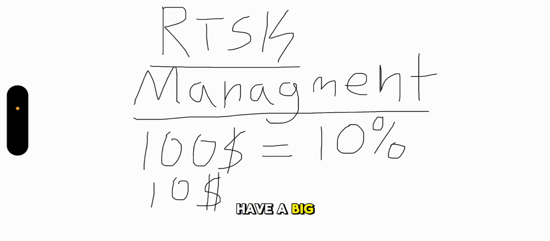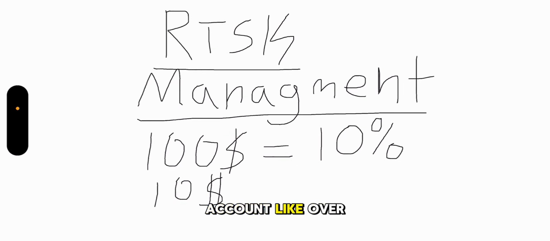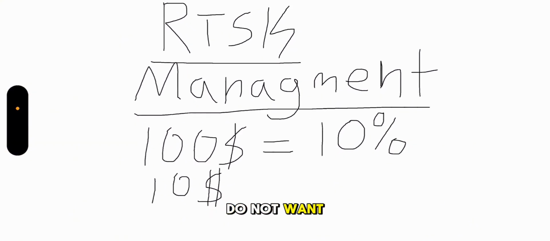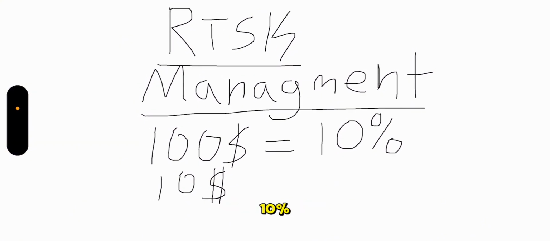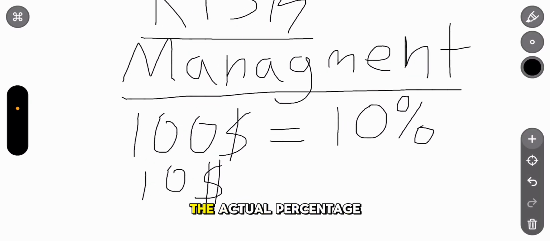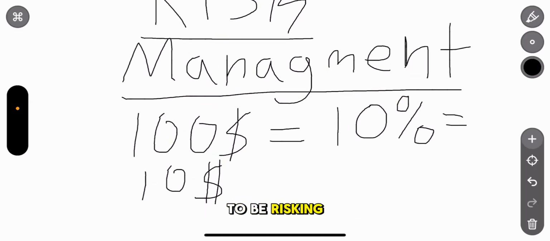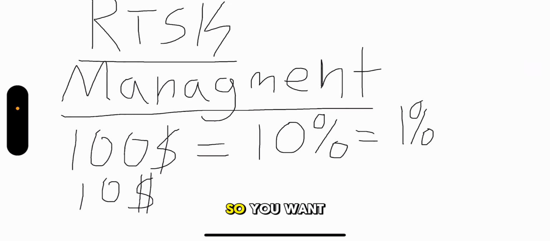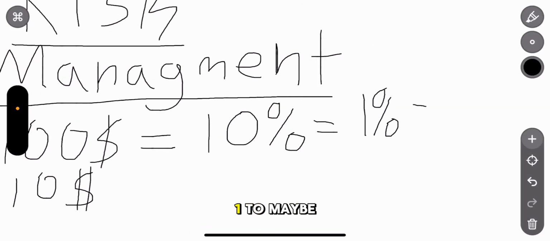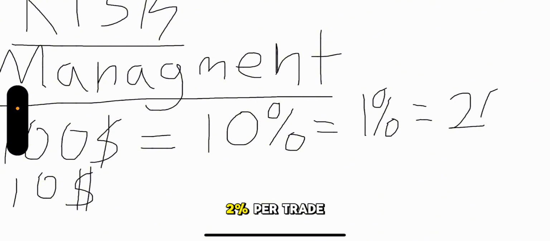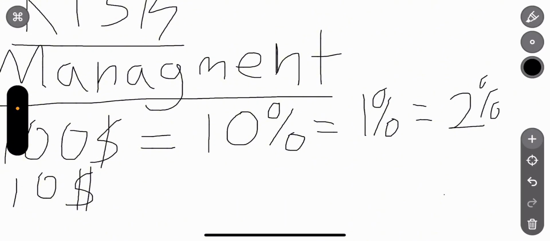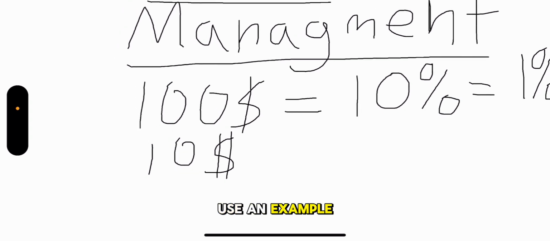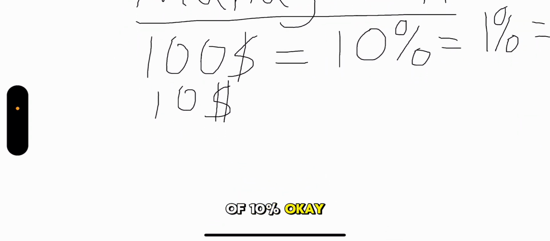Especially if you have a big account, like over 5 figures, over $10,000, you do not want to be risking 10%, all right? So the actual percentage to be risking is 1%. You want to be risking 1 to maybe 2% per trade, right? On a regular account. But for this one, we're gonna use the example of 10%, okay?